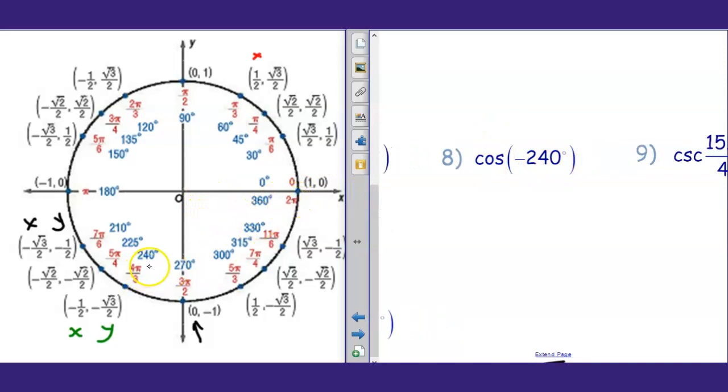So 240 is here, so negative 240 would be this way. Really, all you've got to do is flip it, guys. If 240 is here, negative 240 is right here. And you want cosine, so that's your x value. So negative 1/2.